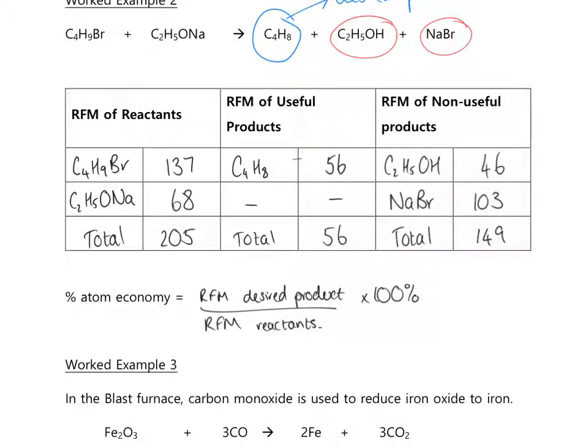That's going to equal 56, which is the RFM of our desired product, over 205, which we can get either by totaling up the RFM of our products or by looking at the RFM of reactants, times by 100%. That should give you an atom economy of 27.3%. So you can see that this reaction is much less efficient in terms of the atoms. A lot of our atoms are lost in the waste products.